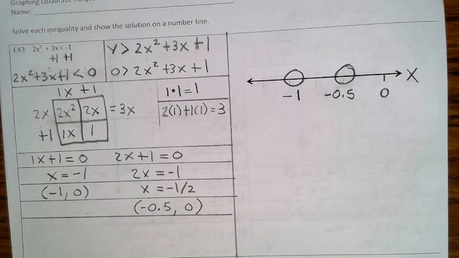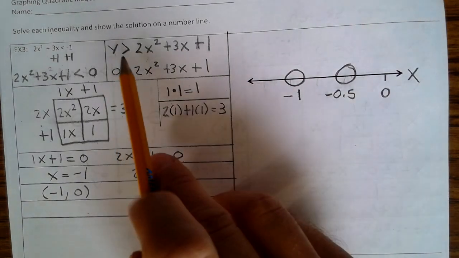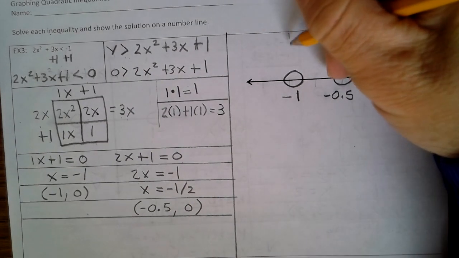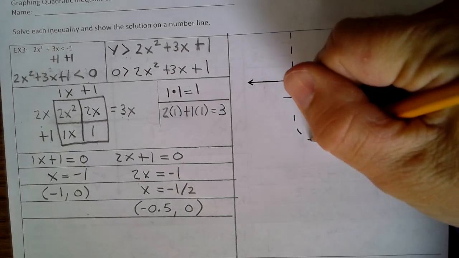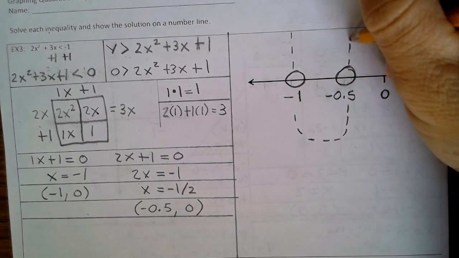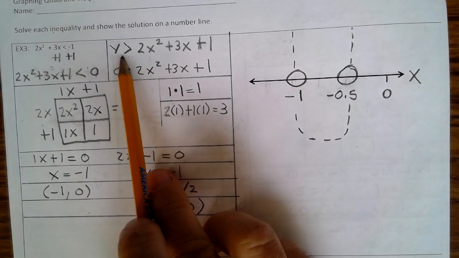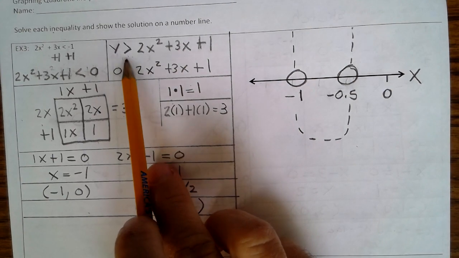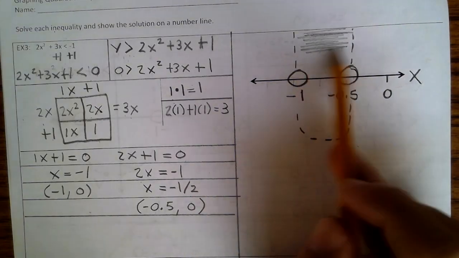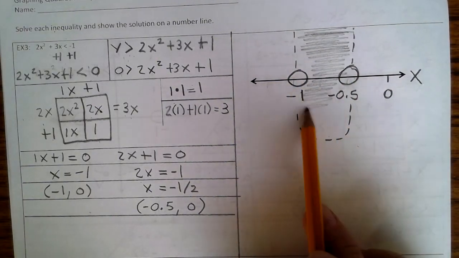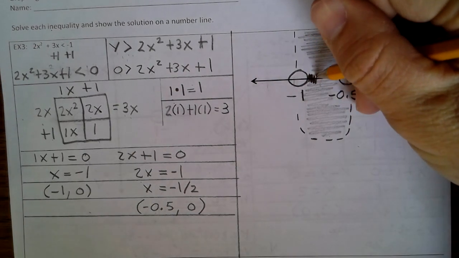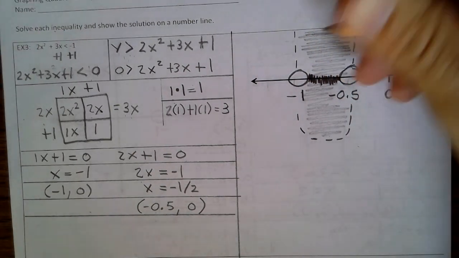Now, we know that since it's greater than, the parabola opens upwards and there's no line, so it's a dashed line. We don't need the vertex because we don't care how low the vertex is. All we need to know is that it's opening upwards. It's greater than, so we're shading above here. So that means our solution on the number line is between -1 and -0.5.